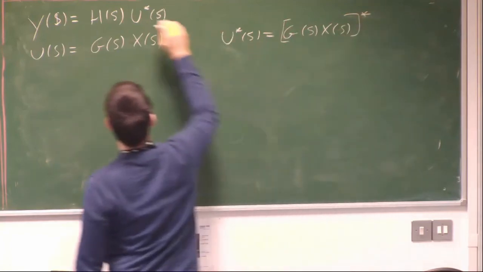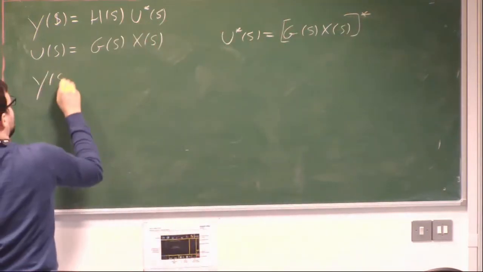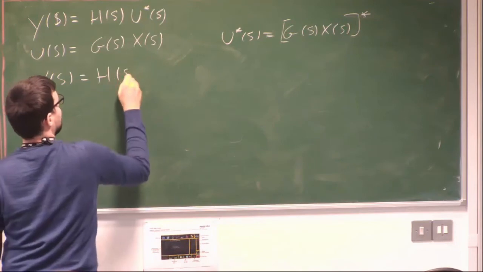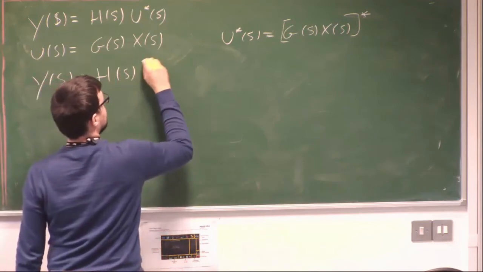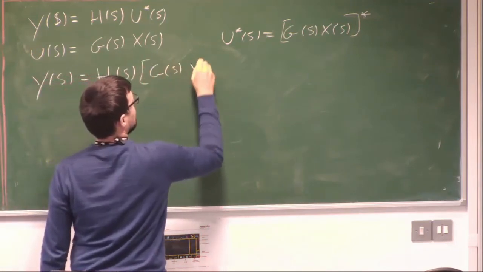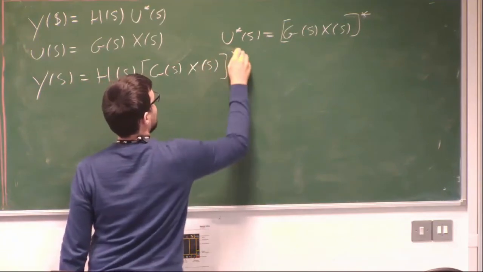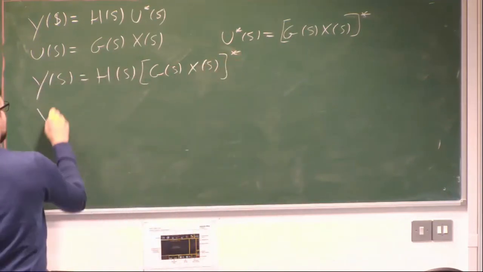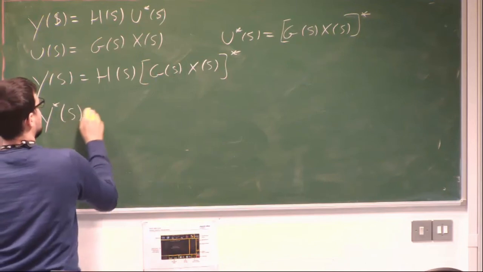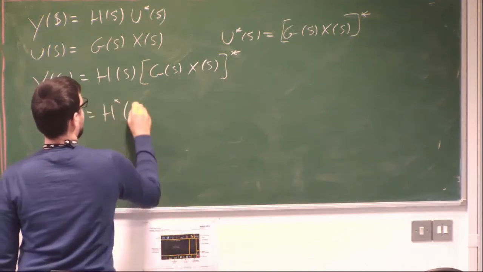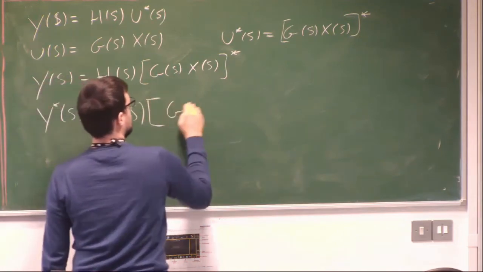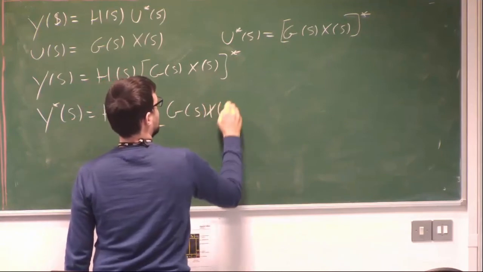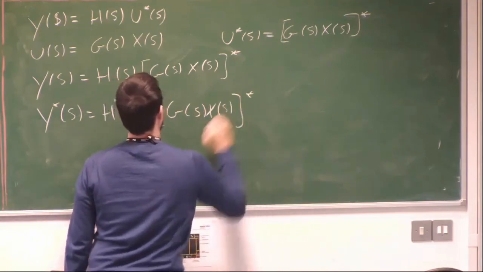Now we replace this over here, and we get y of s equal to h of s times g of s x of s all starred. Now we star everything, and we get y star of s equal to h star of s, and this is g of s times x of s all starred.